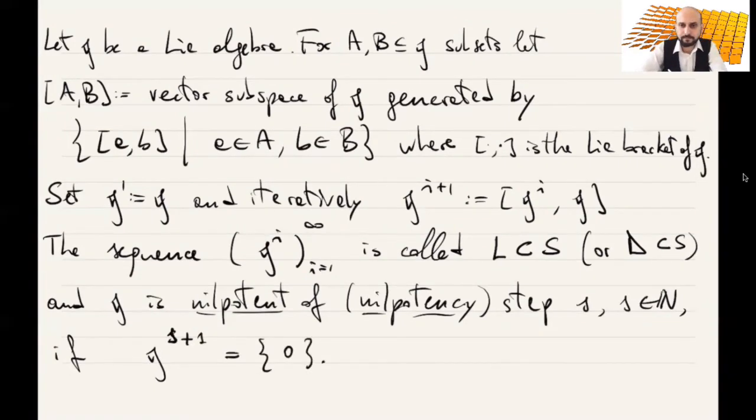And as before for the case of groups, we ask that the previous elements of the lower central series are not trivial.